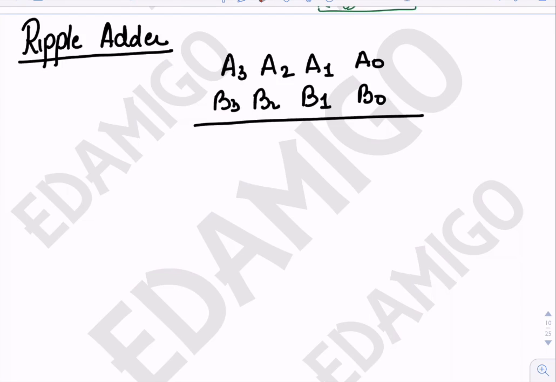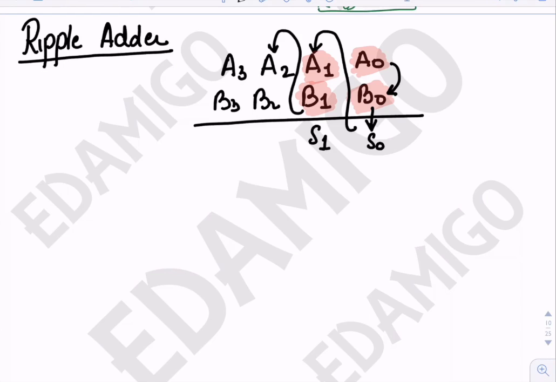So how do we do addition? First of all, I will add A0 and B0. Okay, so this is the method. I will write the sum bit here, and the carry that is generated will be given to the next case. Then I will add the carry, A1 and B1, and I will get a sum bit, that is S1, and a carry that will be transferred to the next level.